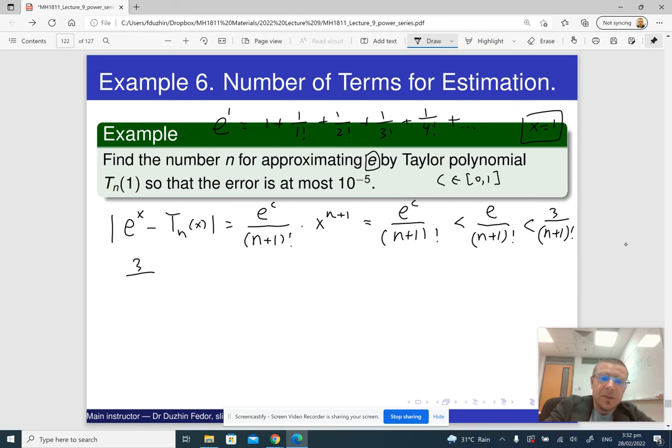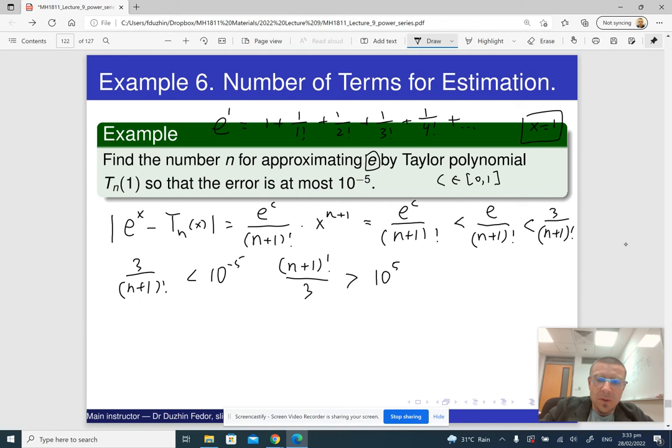And if 3 divided by n plus 1 factorial is less than 10 to the minus 5, then we are done. So let us try to find n from this inequality. Flipping it over, we get n plus 1 factorial over 3 is bigger than 10 to the 5.